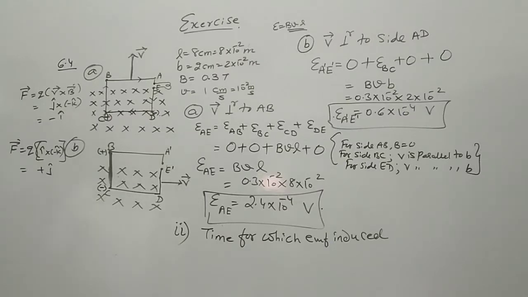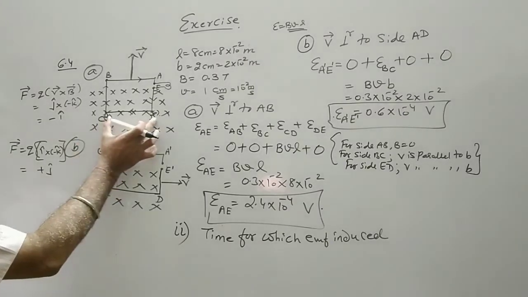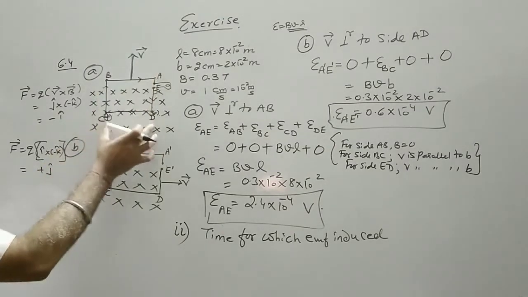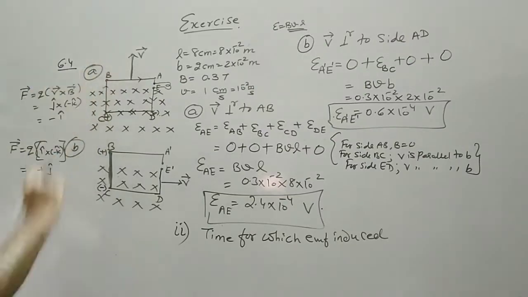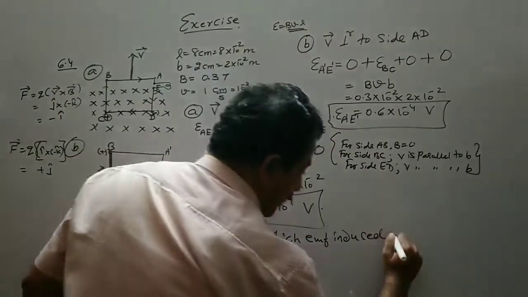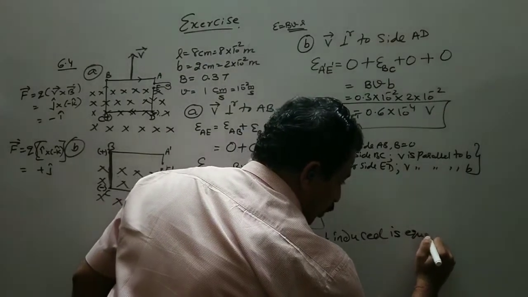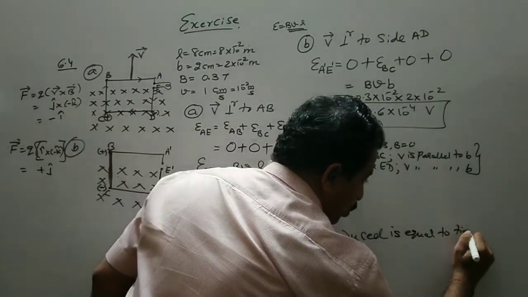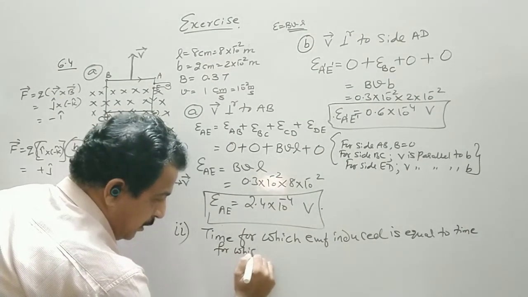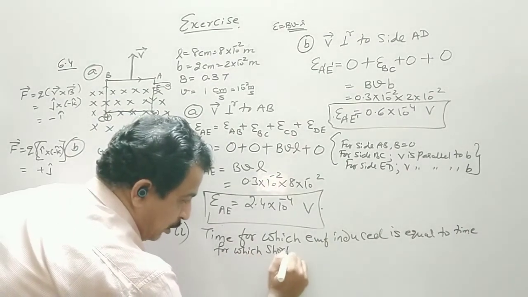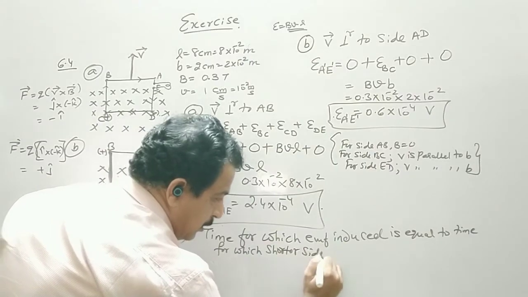So EMF will be induced for only that much time when this comes out. It will come out only when this entire side BC comes out. So the time for which EMF is induced is equal to the time for which the shorter end or the shorter side comes out.